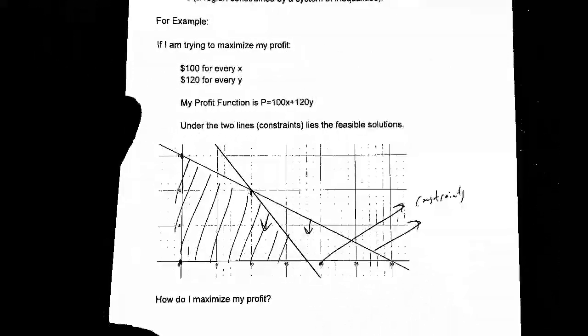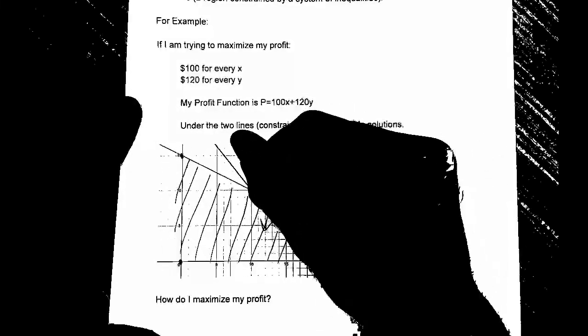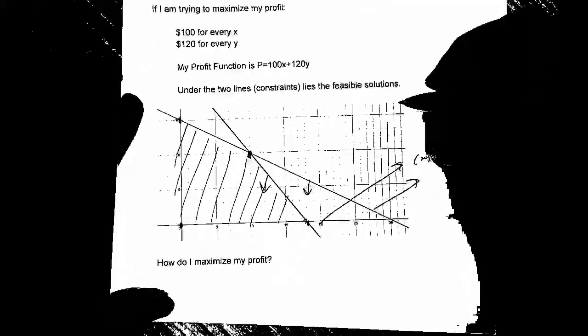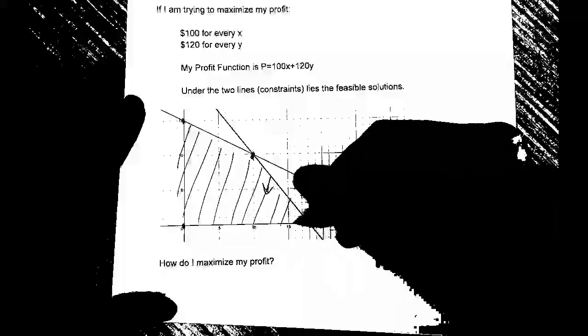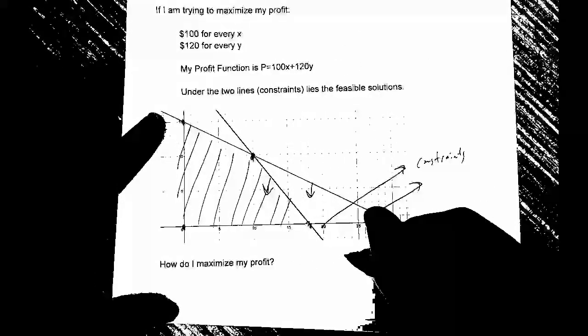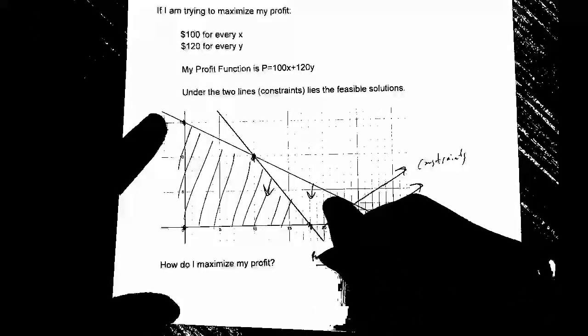So here, here, here, and here are all possible optimal points. Okay? Does that make sense? So within the feasible region, the corner points are what you care about. So once you have your shaded region, you're going to test those points.